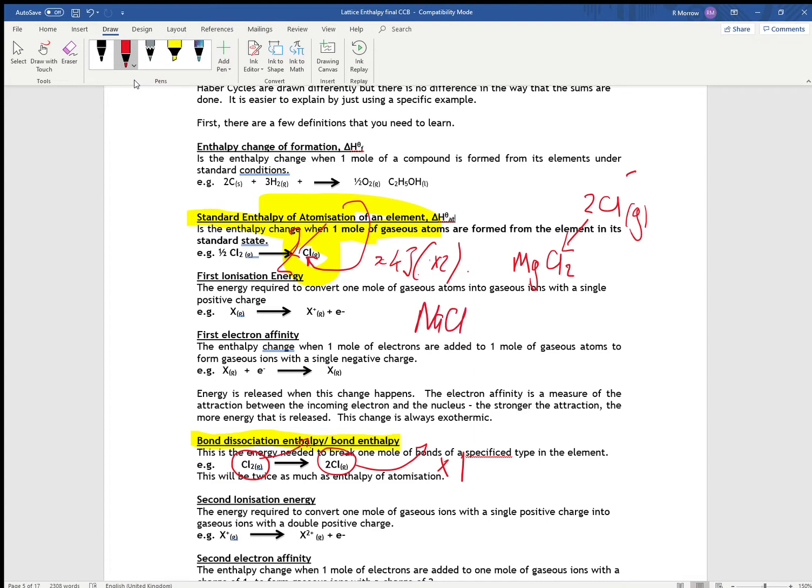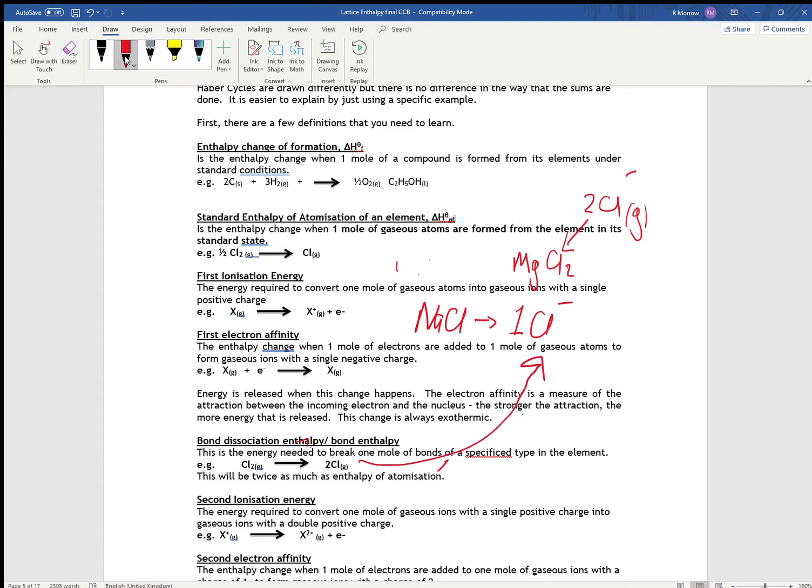Now the flip side of that is if you were dealing with a compound like sodium chloride, and obviously in sodium chloride there is only 1 chloride ion. So if they give you the bond dissociation energy of chlorine in this instance, you would have to take that for the purposes of your calculation and divide it by 2, because you only want 1 mole of chlorine atoms, whereas the bond dissociation energy will give you 2.